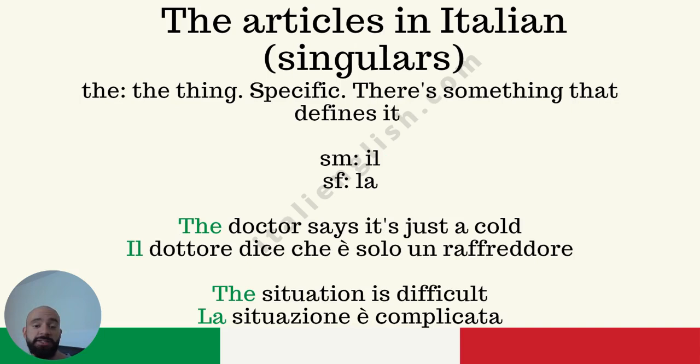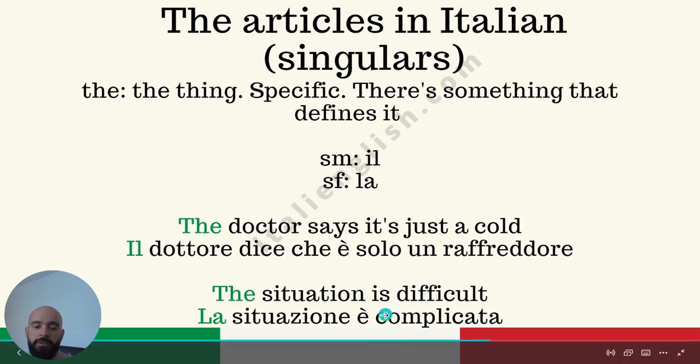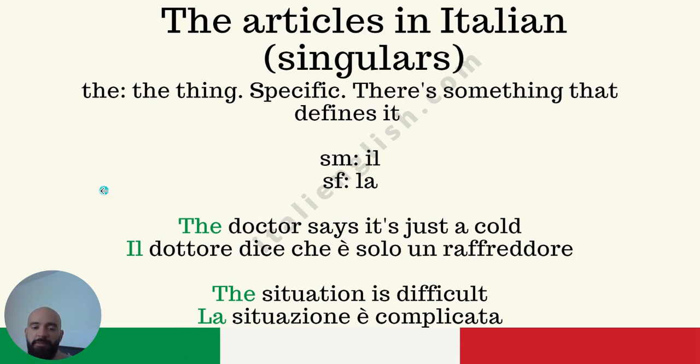And here we are seeing a few words that we're already seeing, those that are a little bit tricky, exceptions. The doctor says it's just a cold. Il dottore. We've seen already that dottore is masculine, and in fact the articolo determinativo is il dottore. This situation is difficult. We have already seen that situazione at this point is feminine, and in fact it's la. Why are we using the determinativo here? We are not saying the doctor that I told you about is Mike.